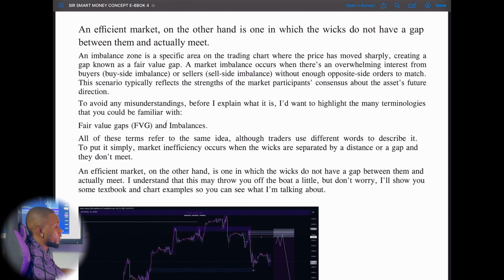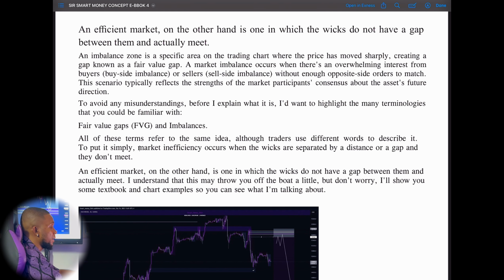To avoid any misunderstandings, before I explain what it is, I want to highlight the many terminologies that you could be familiar with. I've said it before: fair value gaps, FVG, and imbalances. These are what people call it. All of these terms refer to the same idea, although traders use different words to describe it.